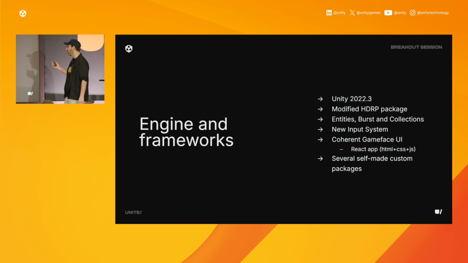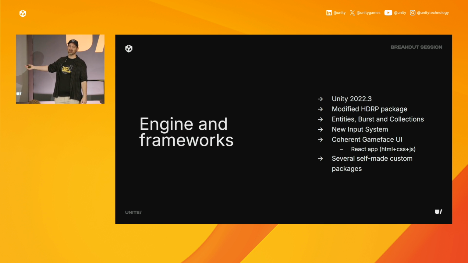Finally, the UI is quite an interesting aspect and a subject for a completely different talk, but I need to mention it. We use a third-party library developed by Coherent Labs. The name is GameFace, and it's basically making UI using HTML, JavaScript, and CSS. So it's very close to web development.